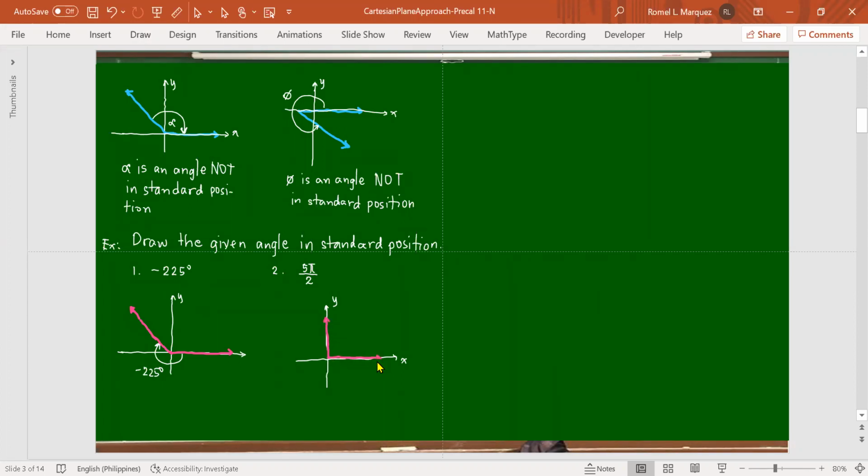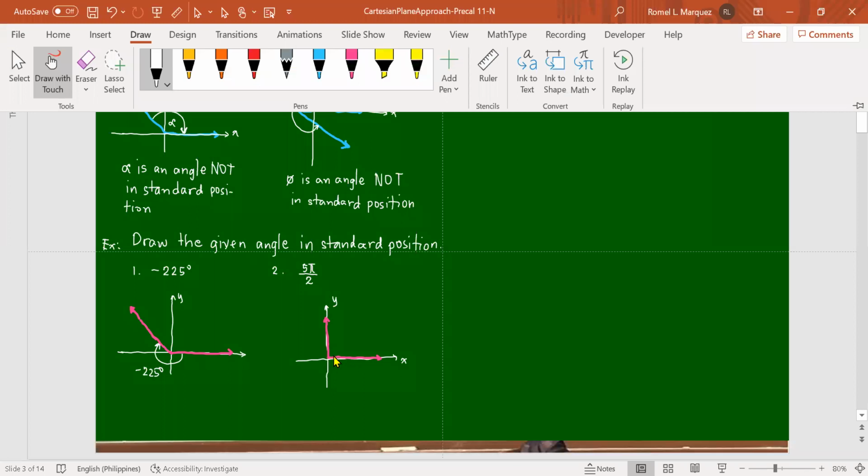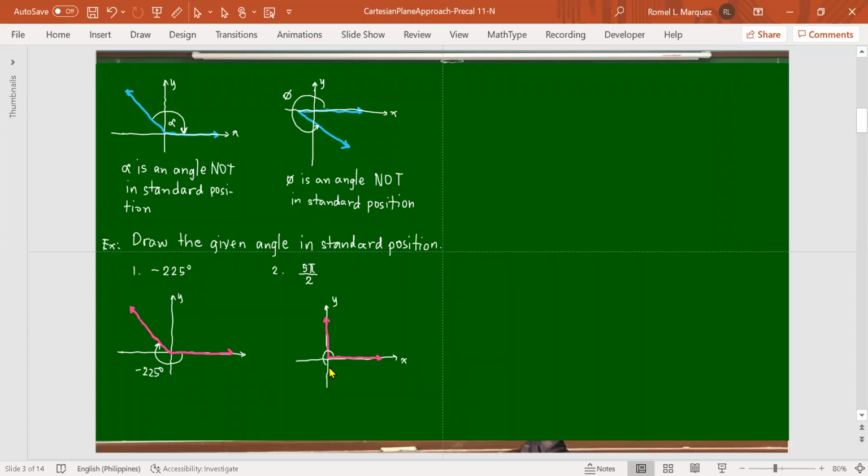So 450 degrees, we are going to rotate one complete rotation plus 90. So that's 450 degrees, or that is 5 pi over 2. Okay now, guys?